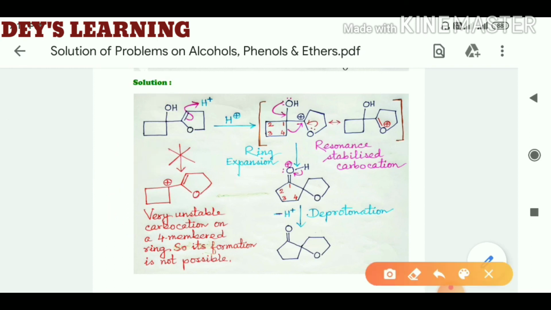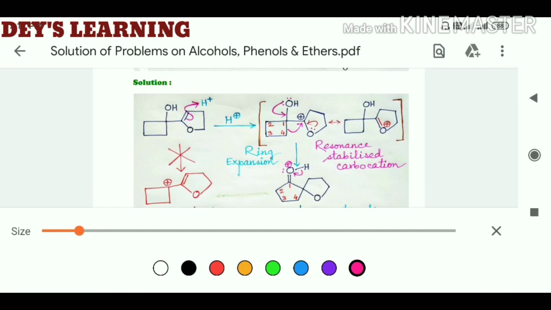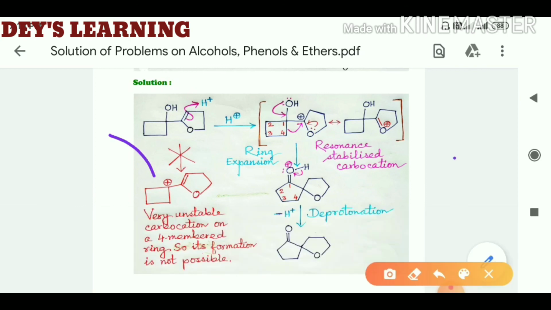It is unstable because of the 4-membered ring. The positively charged carbon is sp2 hybridized, so its angle should be 120 degree, but the internal angle of the 4-membered ring is only 90 degree, so there is severe angle strain.